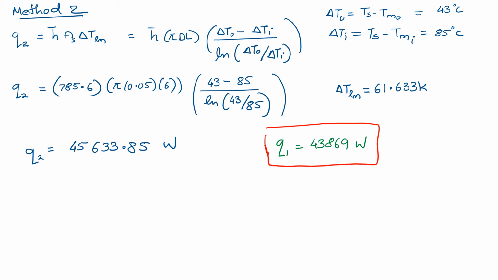So if you are given an inlet and outlet temperature, and if you have a purely internal flow where the surface temperature is known, you use this method because it's easier. But if the question says that you have to calculate the heat transfer coefficient and calculate the heat rate, you can use the previous method as well.